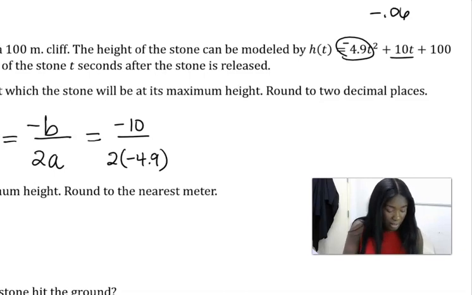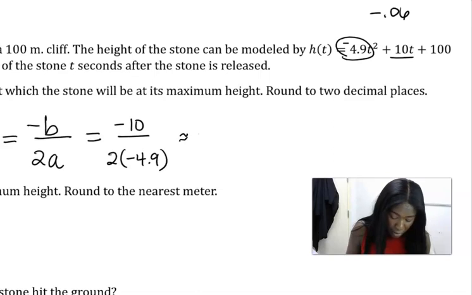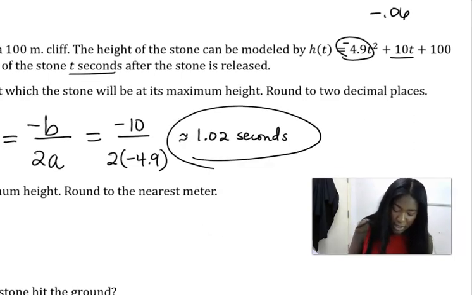So in my calculator, I'm going to take negative 10 and divide it by 2 times negative 4.9. And that gives me, rounding to 2 decimal places, about 1.02. And this is in seconds, because they do tell me that t is measured in seconds.